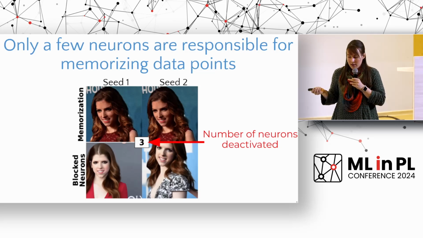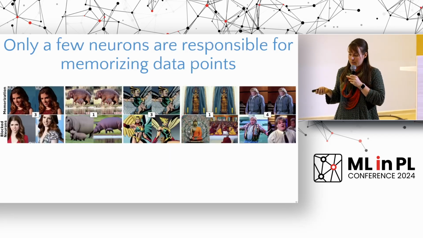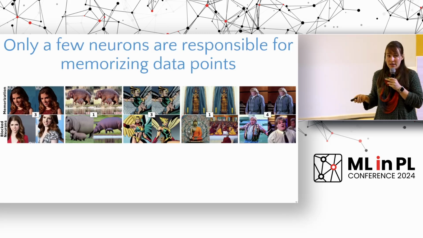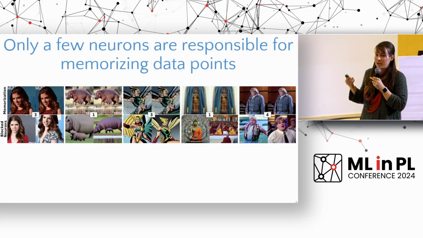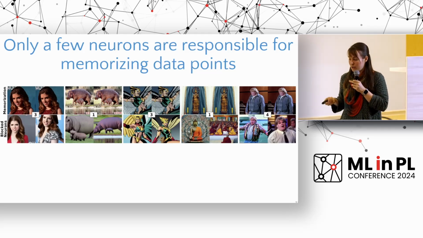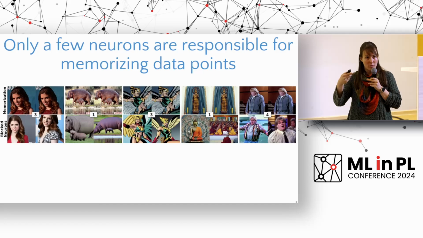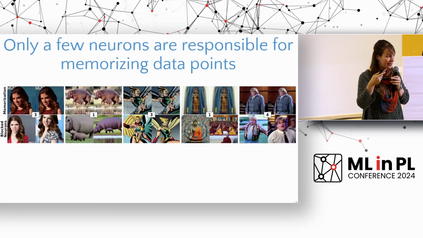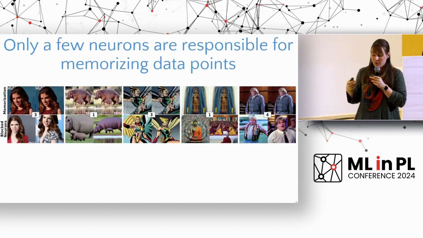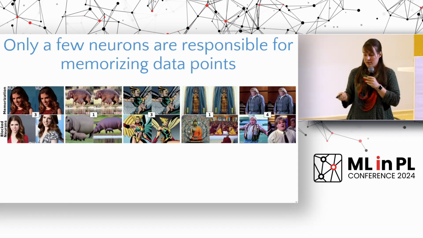Looking into a few more examples, we can see that in many cases, it's enough to zero out a very small number of neurons, like 1 or 3, to move from the point where we output 1-to-1 the training image to the point where we generate diverse data.